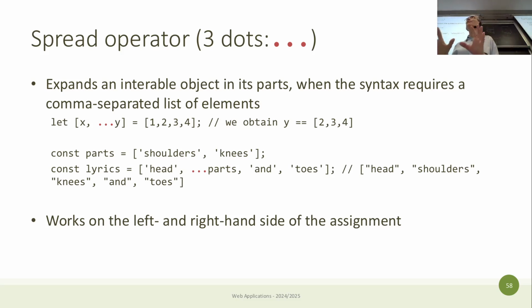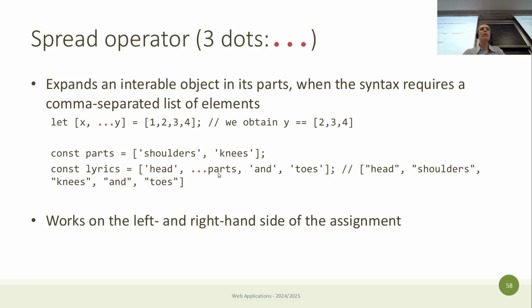These are things which are reasonably intuitive for JavaScript, compared to what we saw before. Basically, this allows you, for instance, to extract the first element from the array, or to eliminate an element from the array, because in y it remains only the remaining part of the array, excluding the first element.